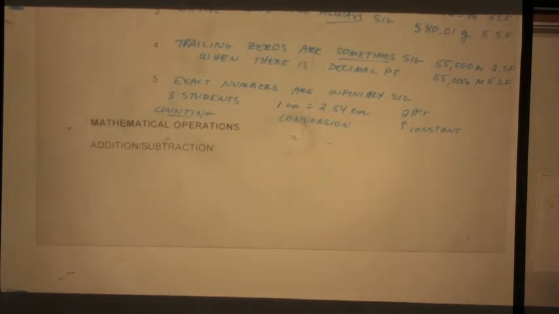So we have rules that have been developed to account for the fact that we have to add, subtract, multiply, and divide numbers all the time in science. But again, a measurement can't get more precise just because you've performed a mathematical operation on it.